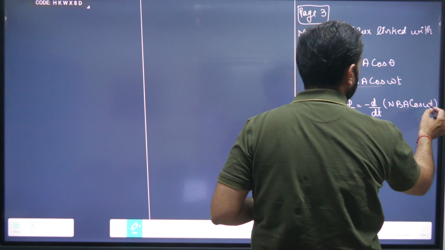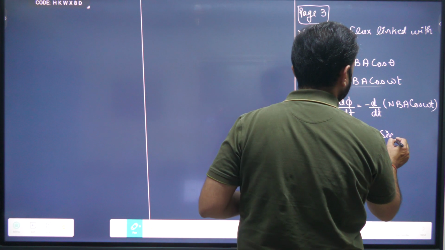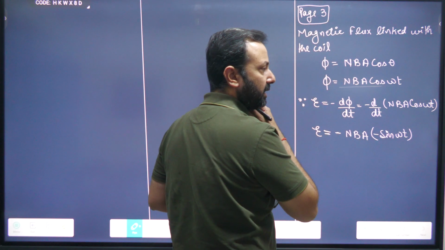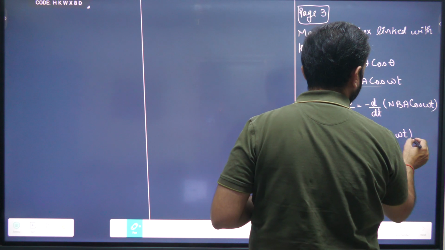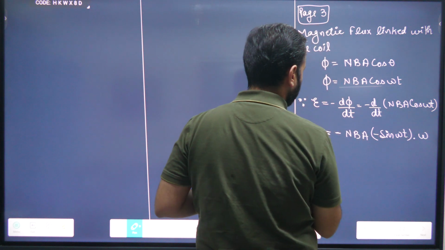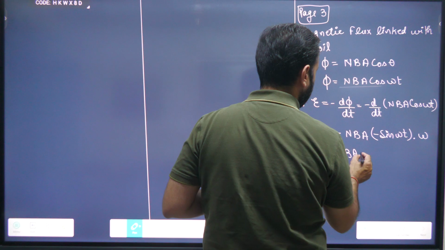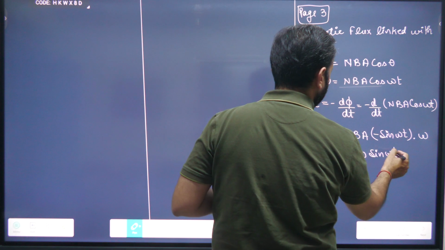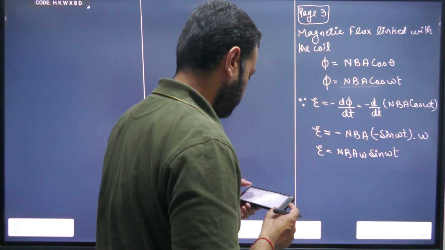And what will be the differentiation of cos omega t? The differential of cos omega t is minus sin omega t, and we will differentiate omega t with respect to t again, so it will be omega. Minus minus is going to be plus. So E is equal to NBA omega sin omega t.